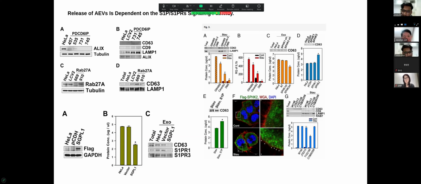Until 2018, what exactly is known as the ESCRT-independent pathway? One of the pathways, the ceramidase pathway? Maybe not. Around 2015 or 2017, I cannot remember.